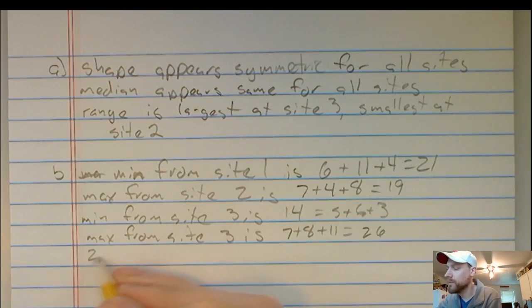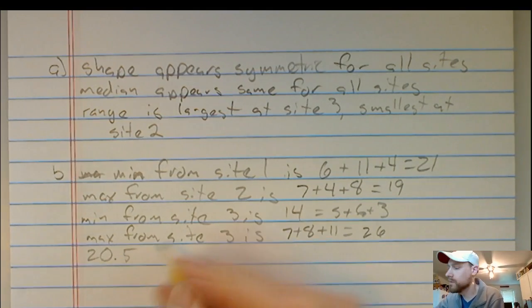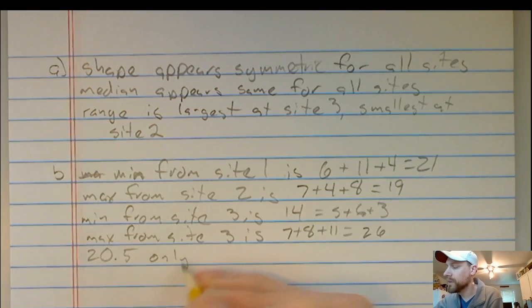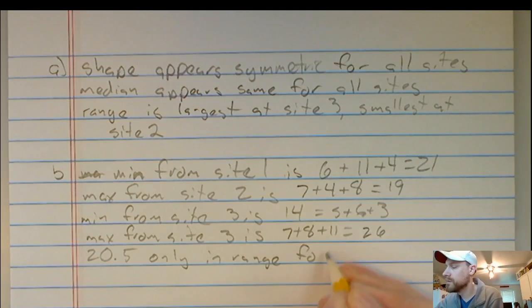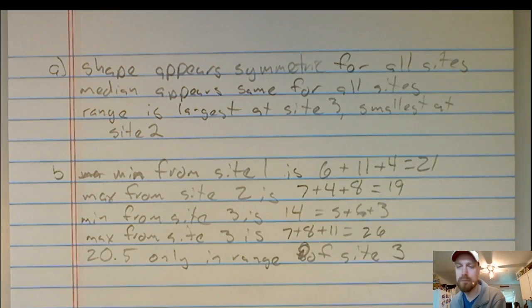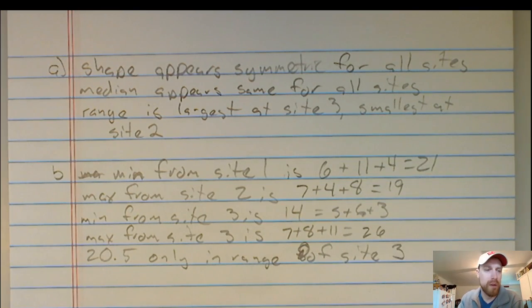So 20.5 is only in the range of site 3. All right.